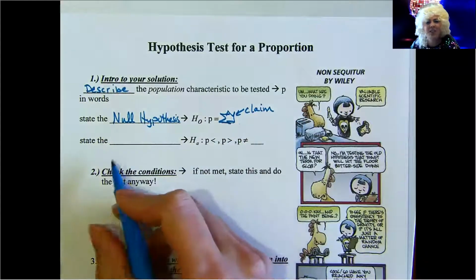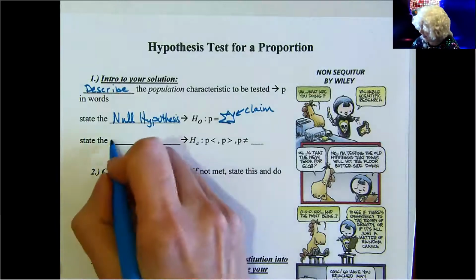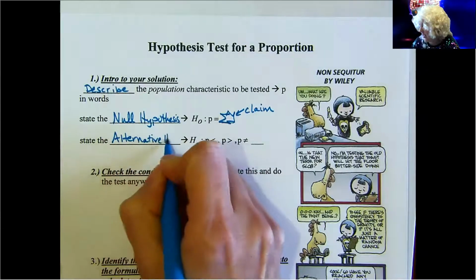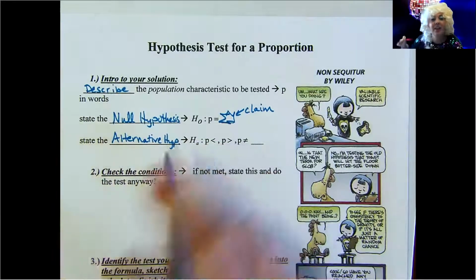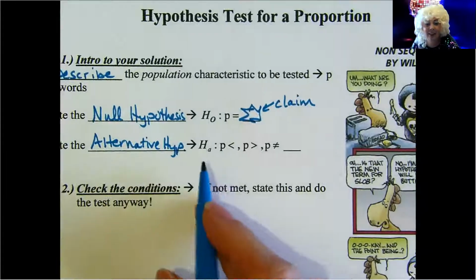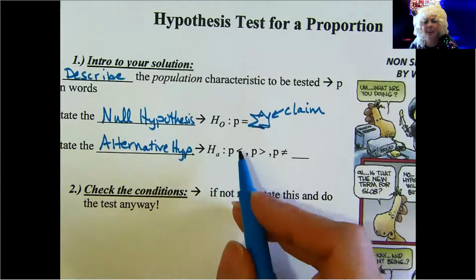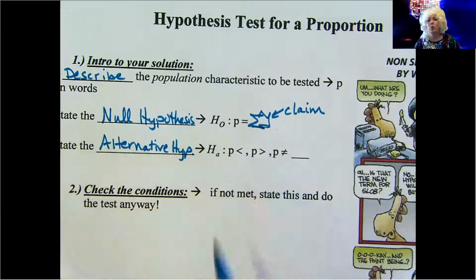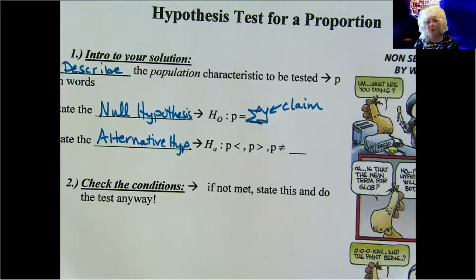All right. Then you're going to state the alternative hypothesis. And the abbreviation for the alternative hypothesis is HA. That's when you're going to have the less than, the greater than, the does not equal to. And which one you use depends on what the language is of the problem.